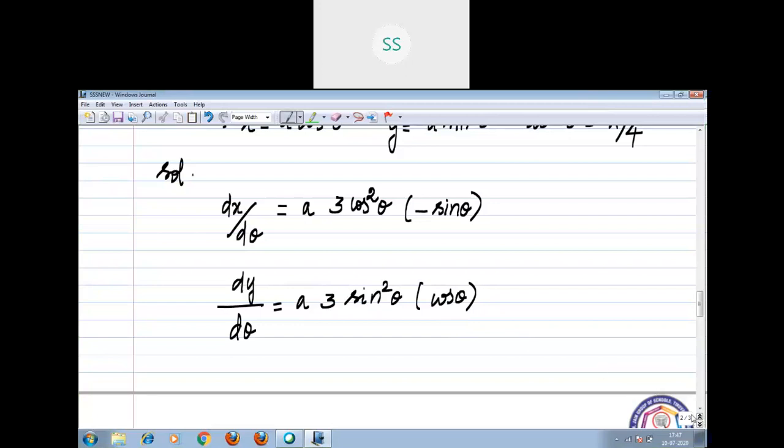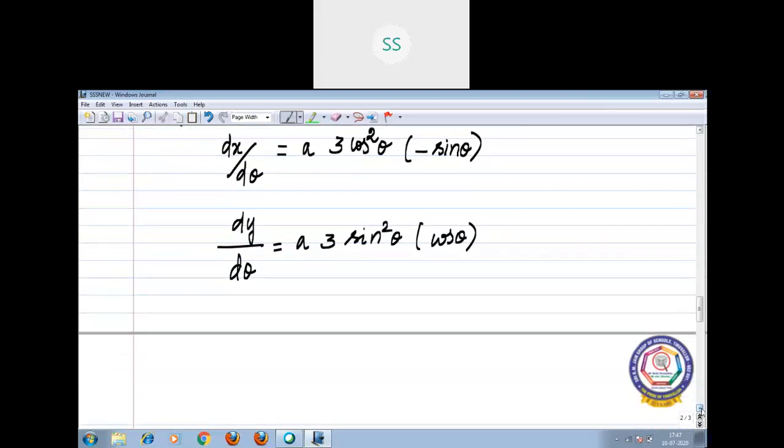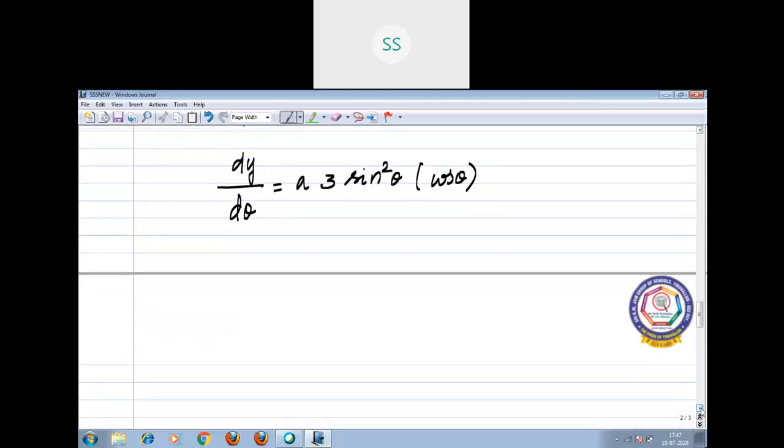See here. dy by d theta divided by dx by d theta, because slope of the tangent is nothing but always dy by dx, whatever it comes different, you have to modify in terms of dy by dx.